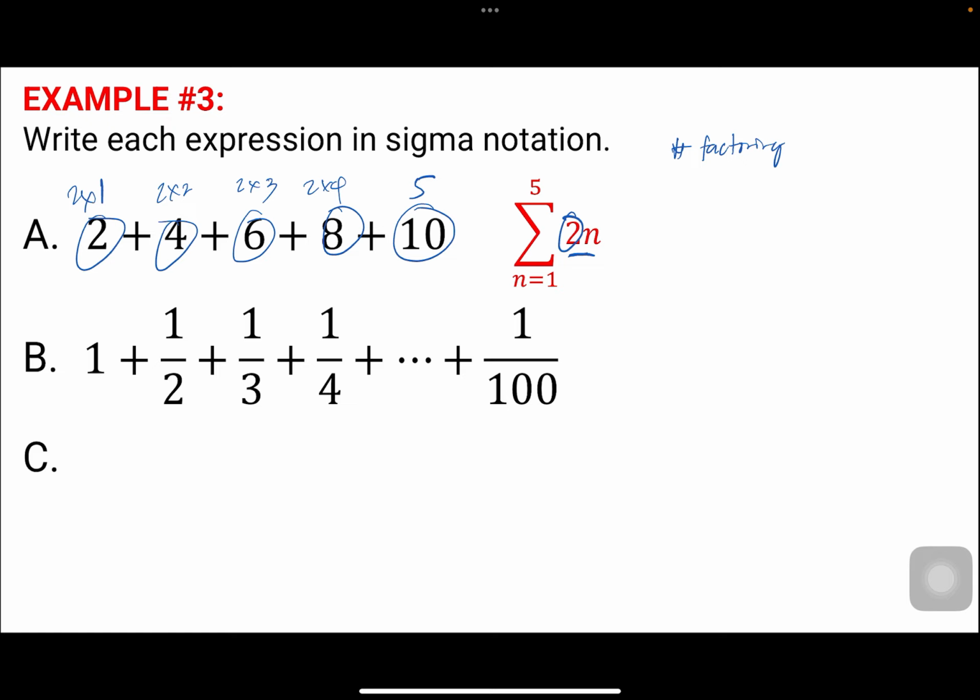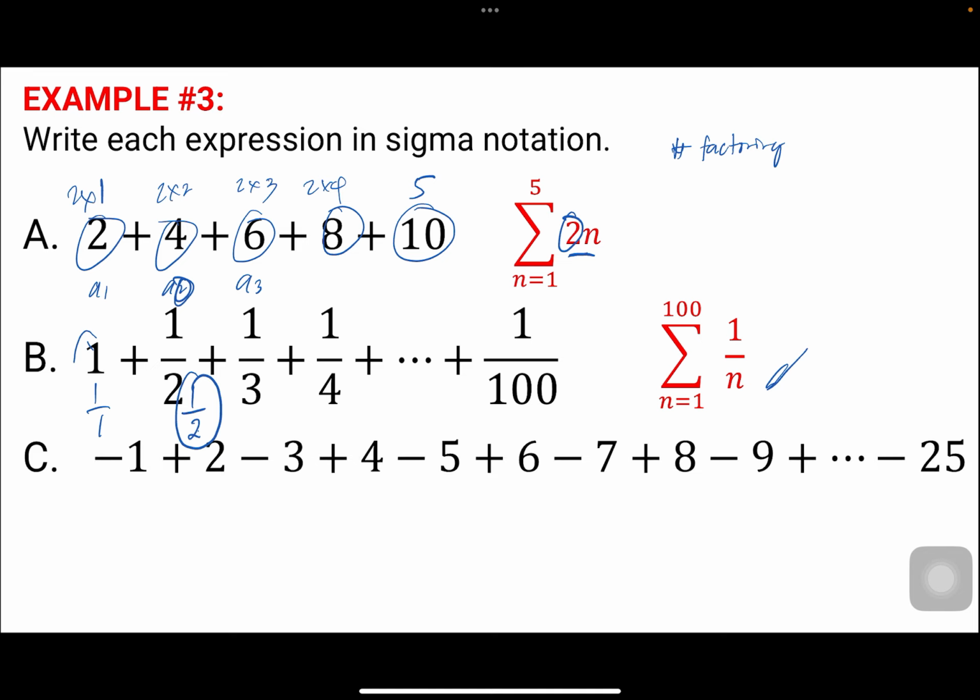So we can rewrite this. Kung ito yung first term, second term, third term, kung 1 over 1, still 1. Kung 1 over 2, di ba? Yung 2 natin nanggaling dun sa n neto. So we can conclude that it is summation of 1 over n when n is equal to 1 up to 100.